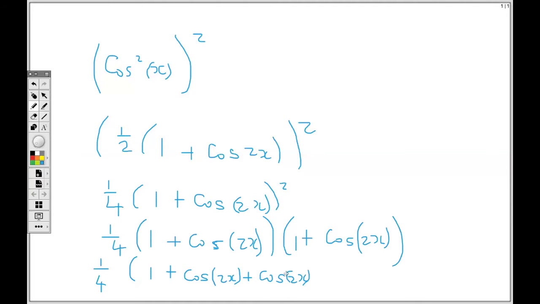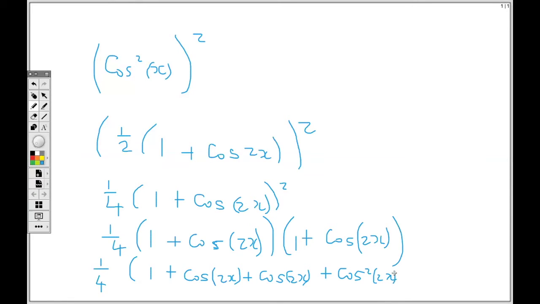Finally, cos 2x times cos 2x. That will give us cos square 2x. So writing it, I have the cos, square on the cos, and then 2x.